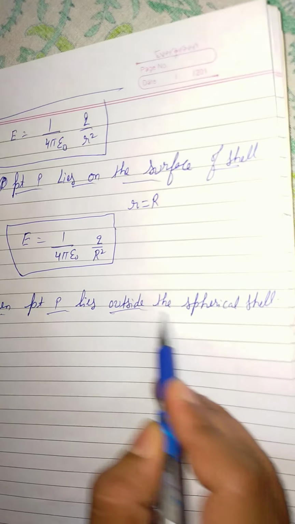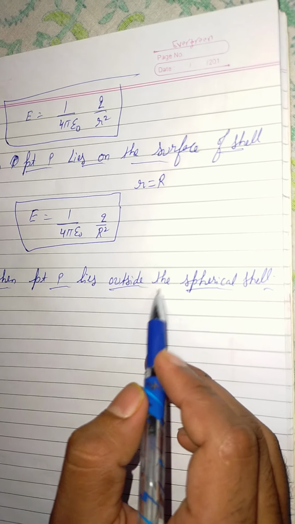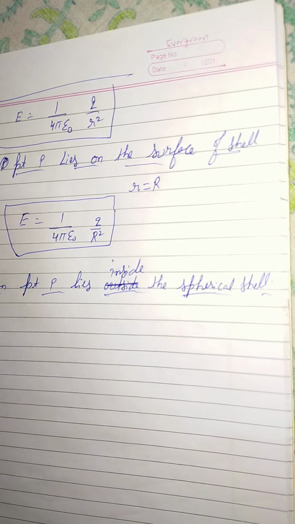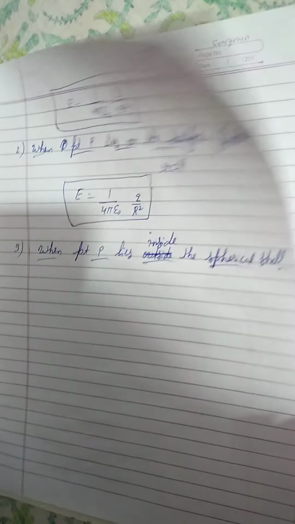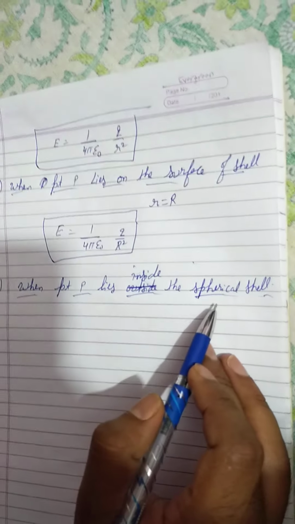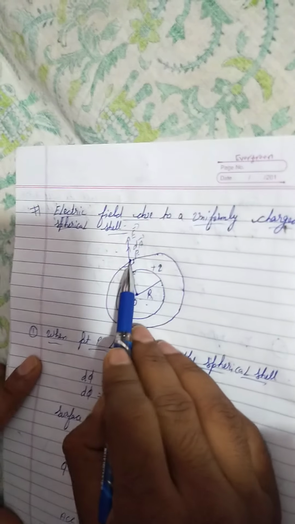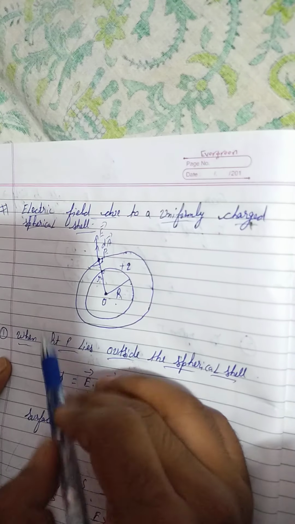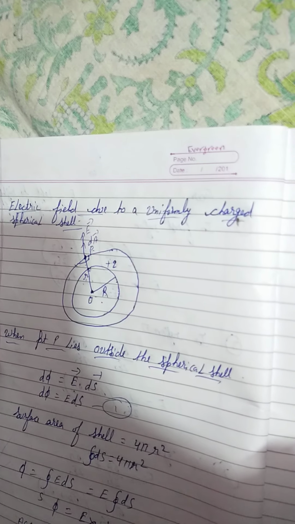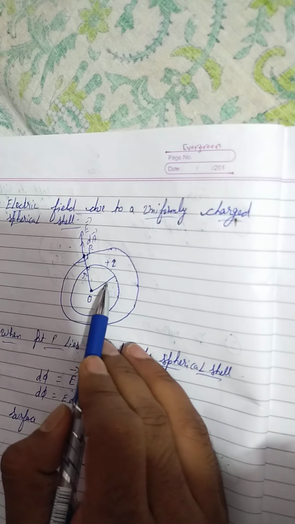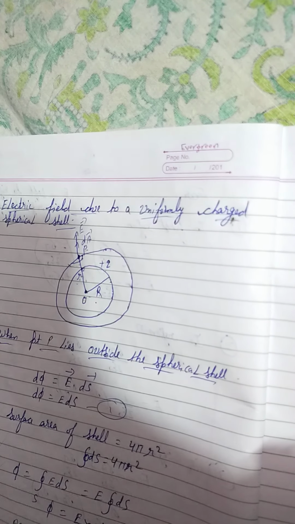Now the third case, when the point P lies inside the spherical shell. See the diagram. The charge is equal to 0 because the charge is spread only on the surface, not inside.